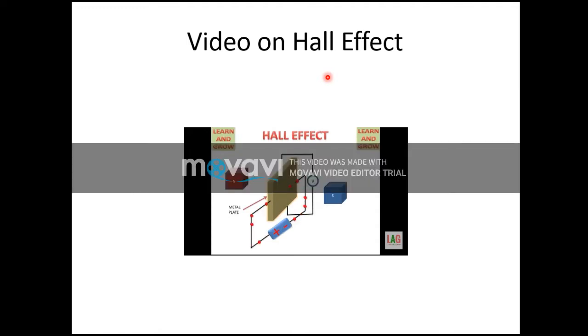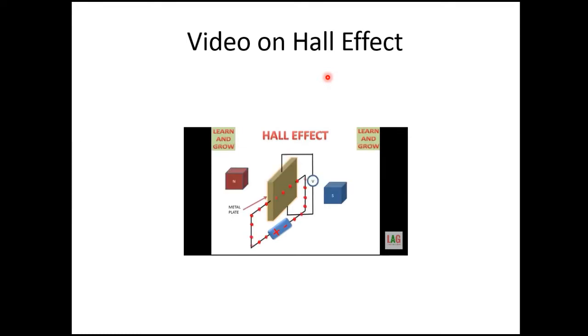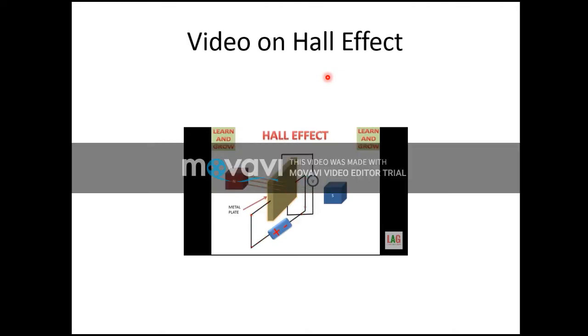As you can see from the red dots, this is the flow of the electrons, but the flow of the positive charge will be opposite to the flow of electrons. You must know that. We apply the current in one direction and, perpendicular to this, we apply the magnetic field, as you can see from these lines.